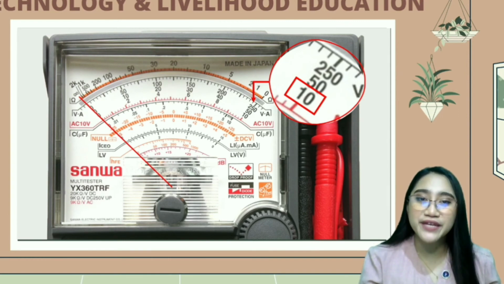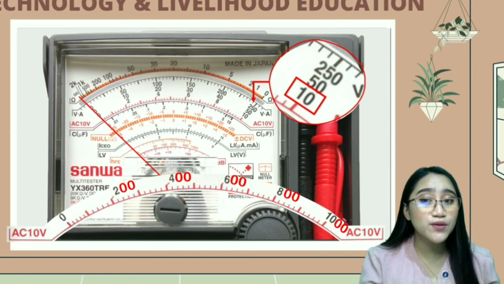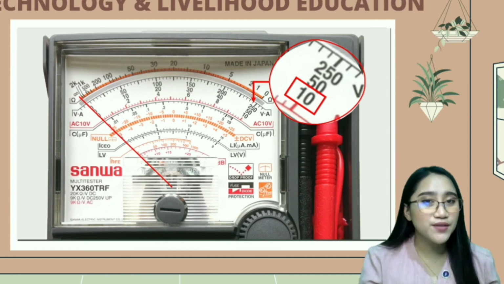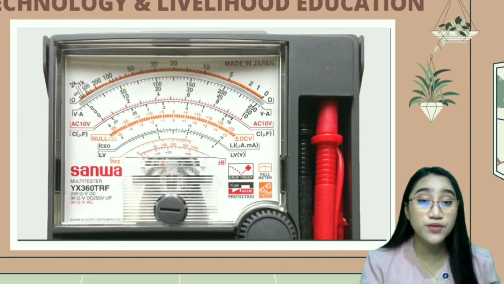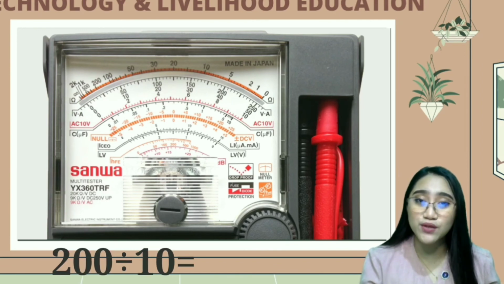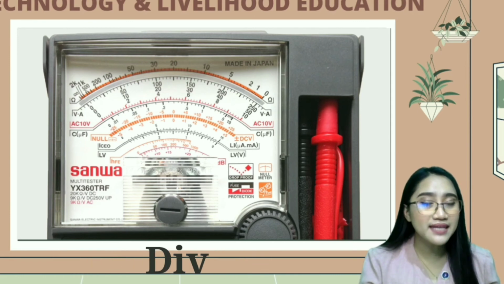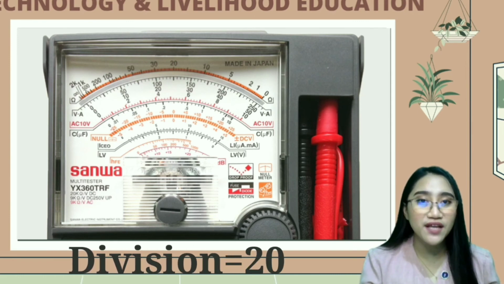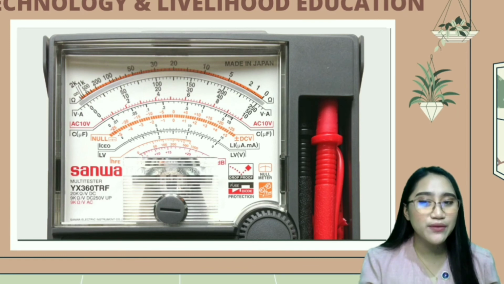Likewise, at the range of 1000, we will also look at the red lines. So let us now know the values of every division at the range of 1000. There are 10 divisions at 200. 200 divided by 10 is equal to 20, meaning every division at the range of 1000 is equivalent to 20.